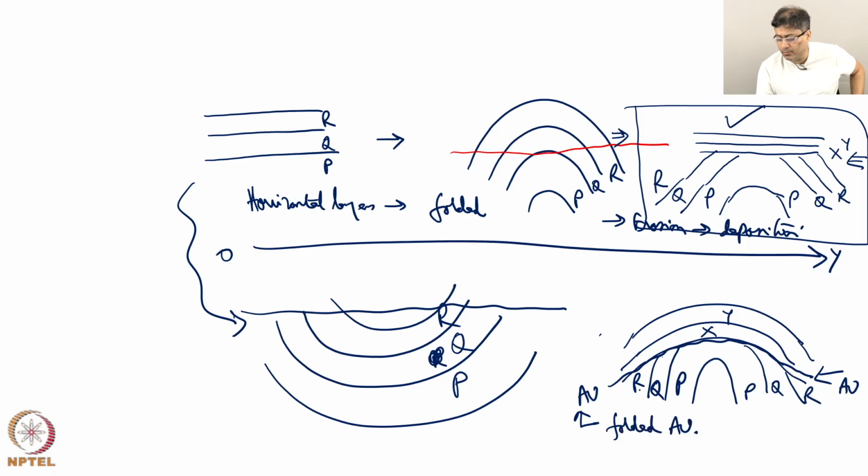As I am showing, the angular unconformity, or for that matter any unconformity, can get affected by folding or structural deformation. An angular unconformity or other unconformity can also very much get affected by faulting. Complications are possible. For example, in this case, say everything got tilted, one tilting event, then what will happen?